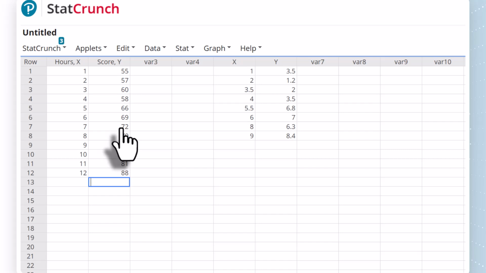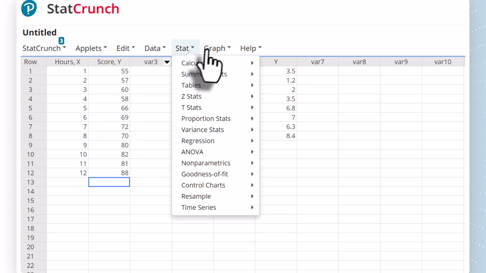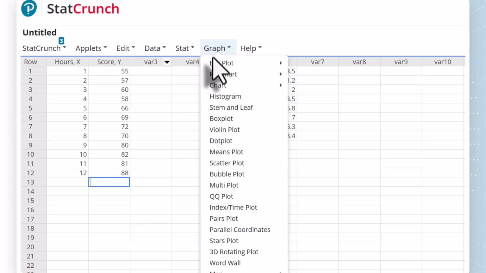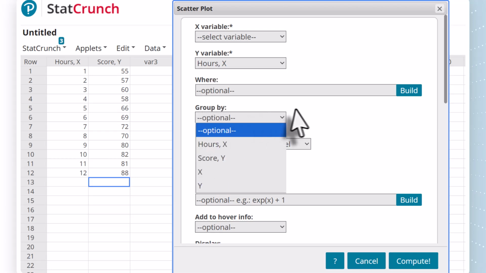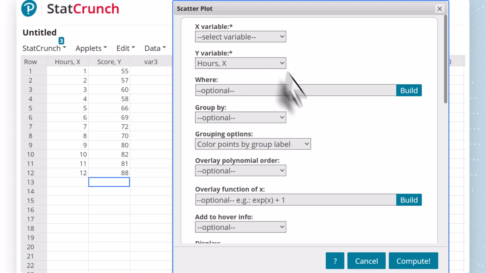So we're going to see if there is a linear relationship by a visual. First of all, you just look at the points, the dots that you're going to plot, and you probably can tell. So let me show you how to do the visual. You can go to graph, scatter plot, select the x variable, which is the hours, select the y variable.